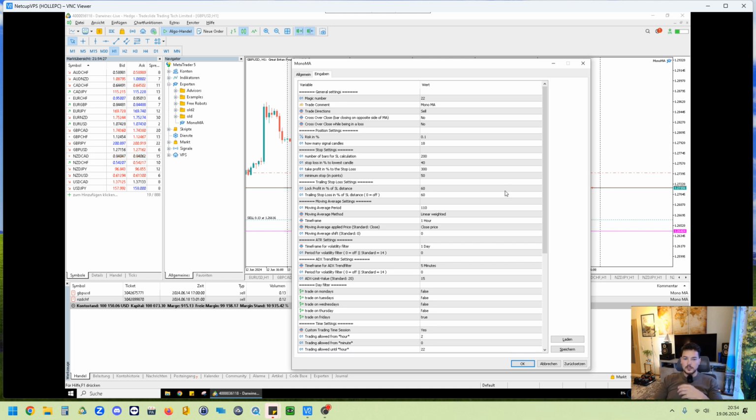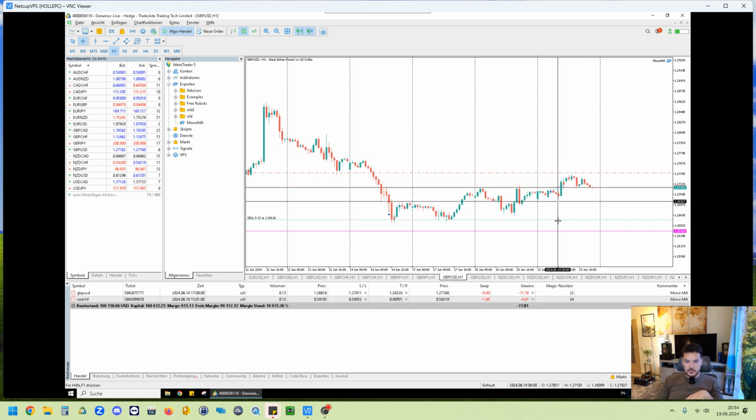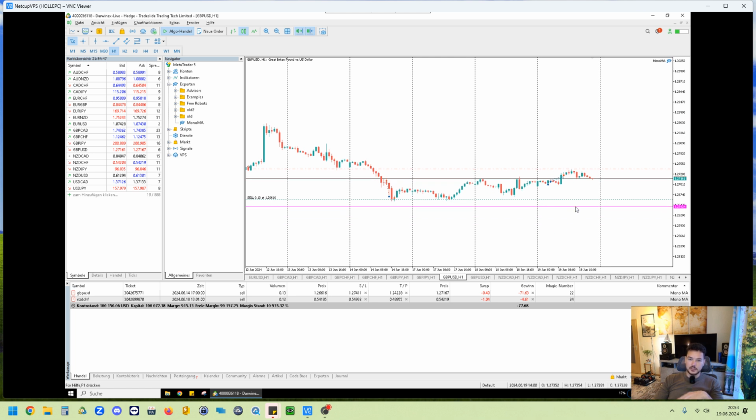In another video, I will explain all the functionalities of the EA. But where is it? Here, trailing stop loss settings. You see the lock profit in percent of SL distance. There's always the distance of the SL, and it takes a percentage when it starts to kick in. So this is what you can see here.